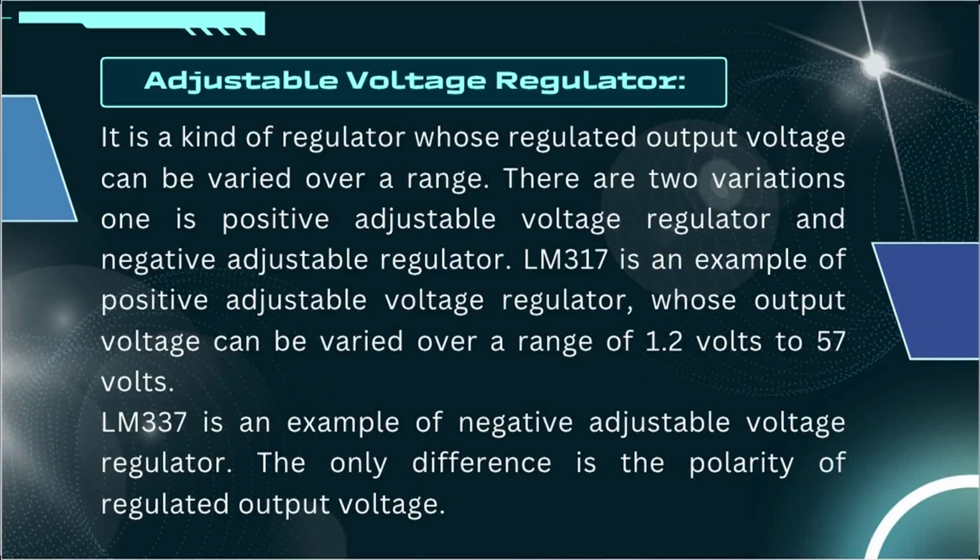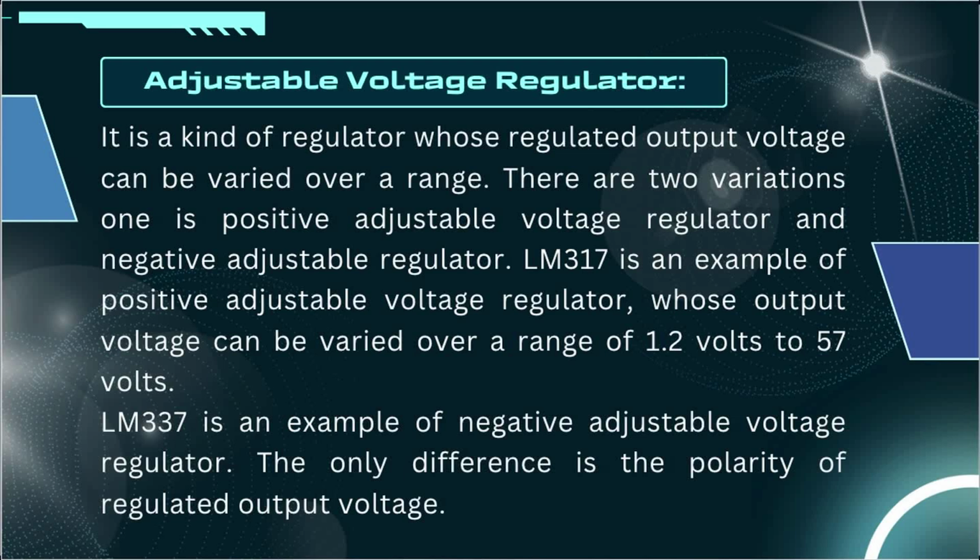So next is the adjustable voltage regulator. It is a kind of voltage regulator whose regulated output voltage can be varied over a range. There are two variations. One is the positive adjustable voltage regulator and the other is the negative adjustable regulator.